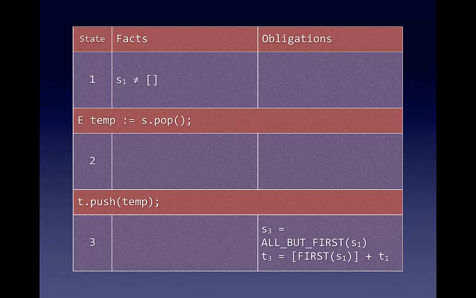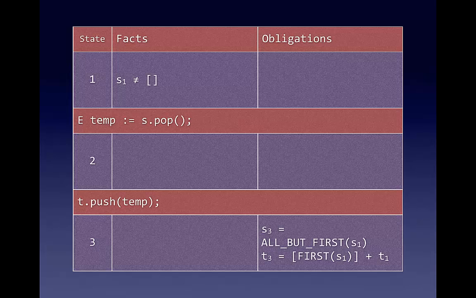For all the other facts and obligations, the order is reversed. For all obligations except the last, the obligations come from the precondition of the operation that follows it. Likewise, for all facts except the first, the facts come from the postcondition of the operation that precedes it.